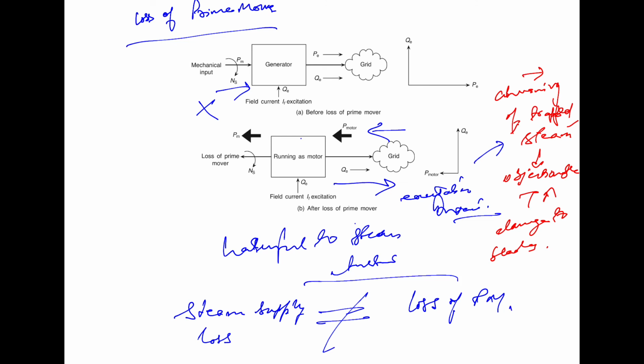So when the prime mover is lost, the generator starts drawing real power from the grid, supplying the reactive power to the grid. The real power drawn from the grid is quite small compared with the generator rating, and the generator draws the real power which is just enough to meet the losses and the load put on it by the turbine.